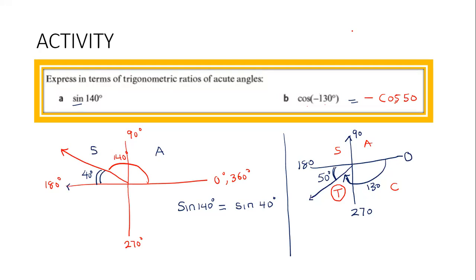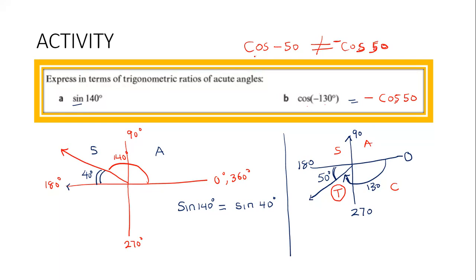As someone is asking, is it the same as cos negative 50? Someone is saying no, and yes, it is not true. So cos of negative 50 is not the same as negative cos of 50. They are different.